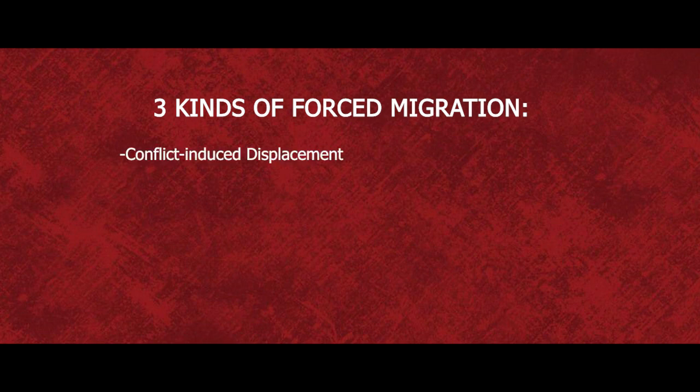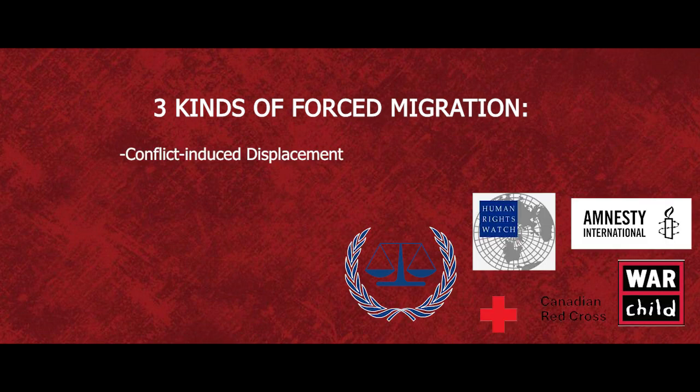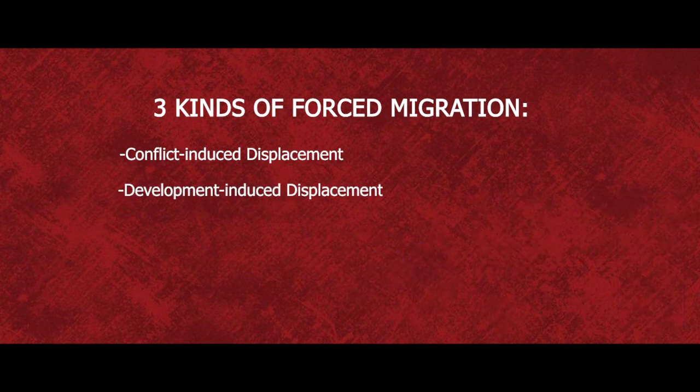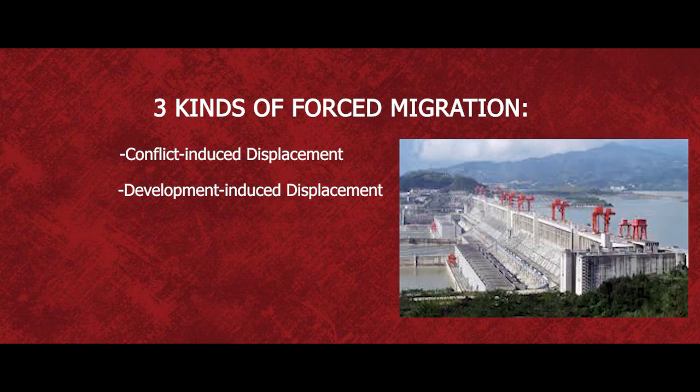The first is conflict-induced displacement. This covers people who are forced to flee because of human rights violations, generalized violence, specific persecution, or other types of conflict. The second type of forced migration is development-induced displacement. This covers people who are displaced due to economic development, such as the Three Gorges Dam in China, which displaced over 1.2 million people.